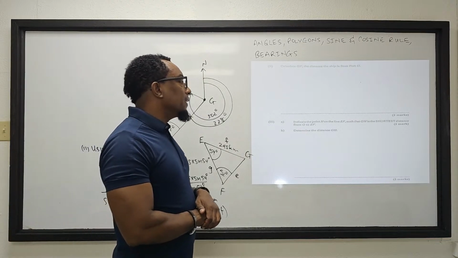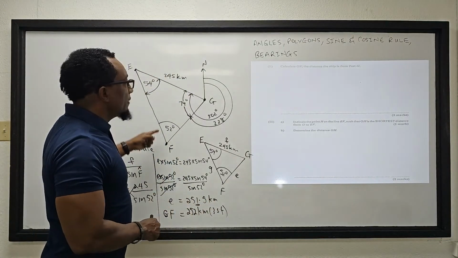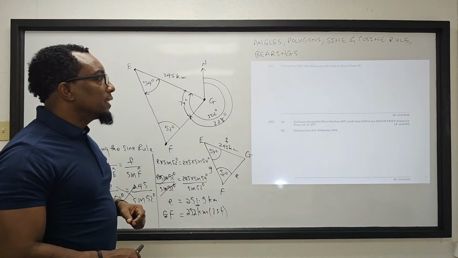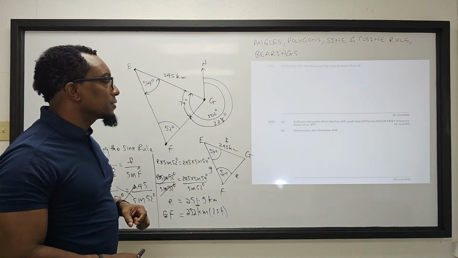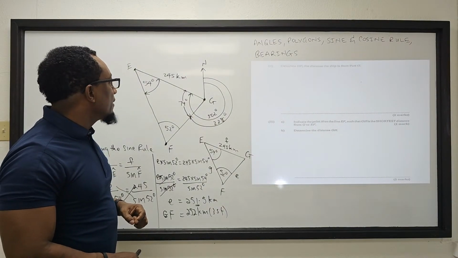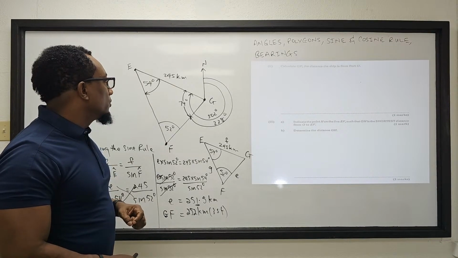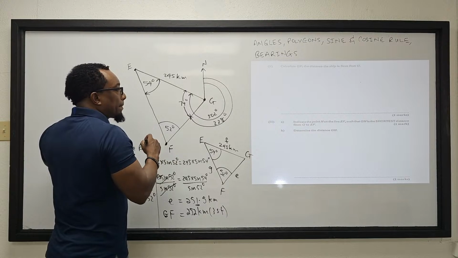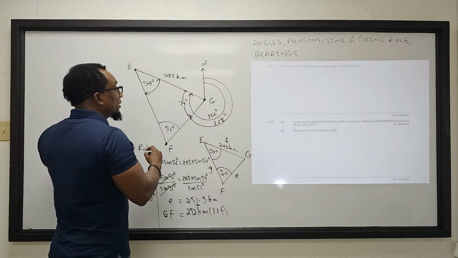Indicate the point H on the line EF, such that GH is the shortest distance from G to EF. So GH is the shortest distance. I'll put H because what I want us to do is to find GH after.